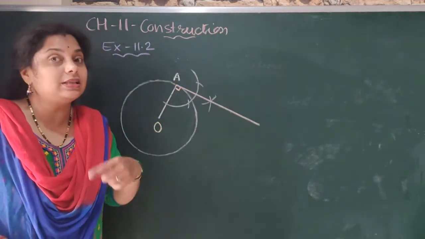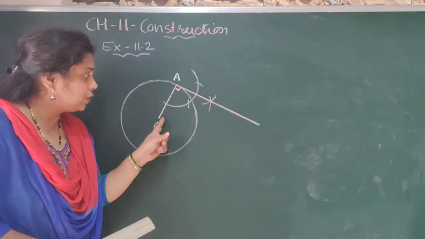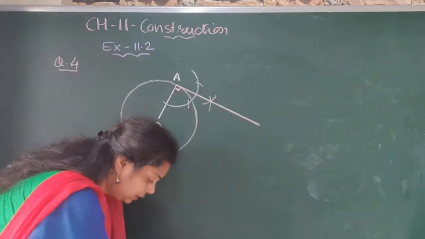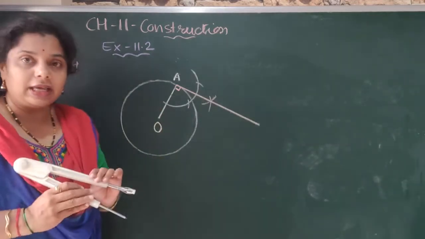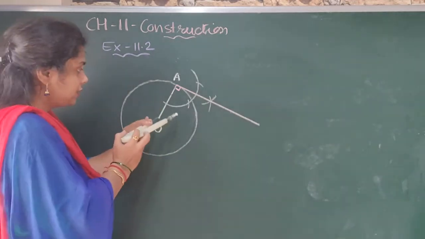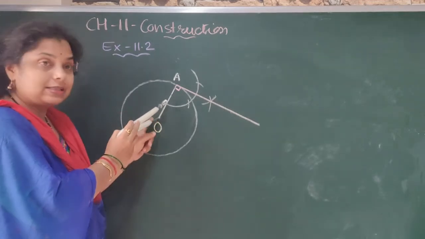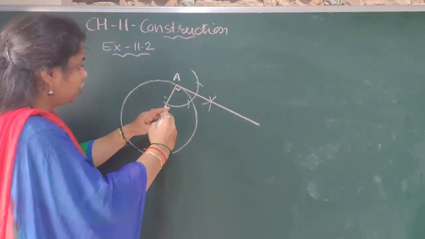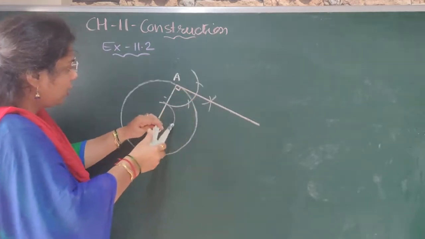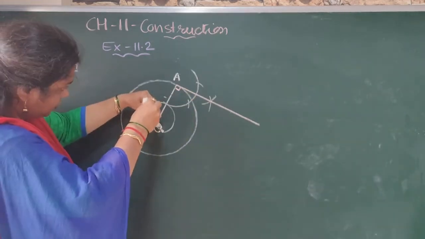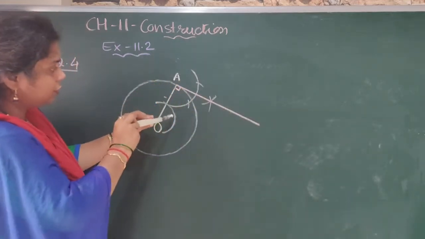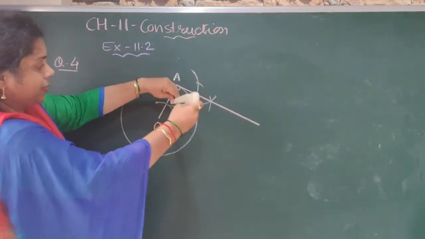Now, what is the next step to do? To construct a 120 degree angle at center O. So how to construct? Again, take any arbitrary radius, take center O and draw an arc like this, from inside.